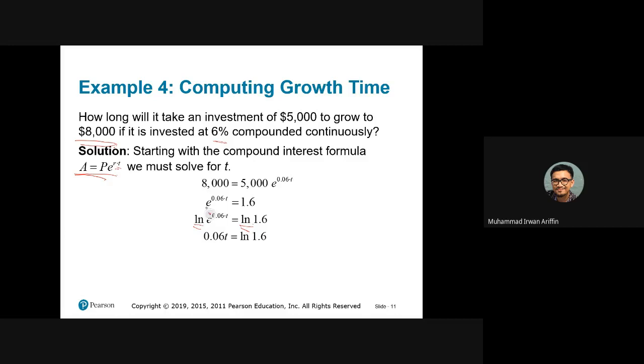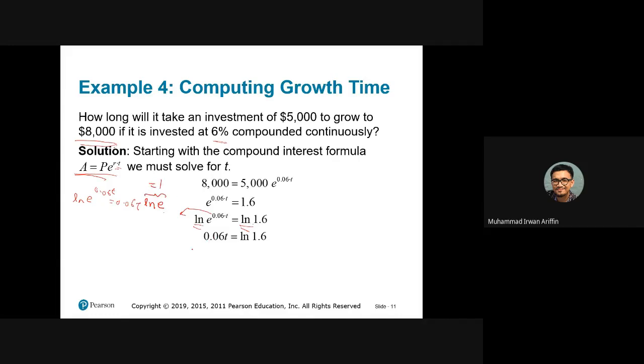In logarithm you can always bring the power to the front, so the natural log of E to the power 0.06t equals 0.06t times ln of E, and ln of E is 1.